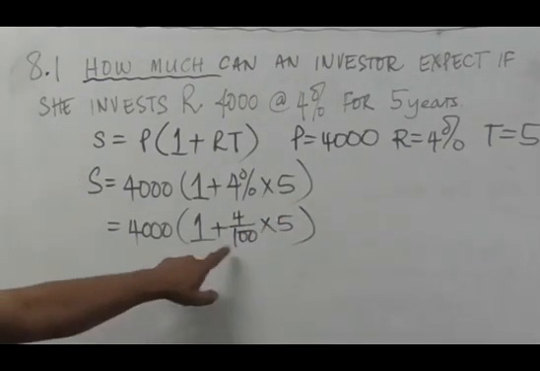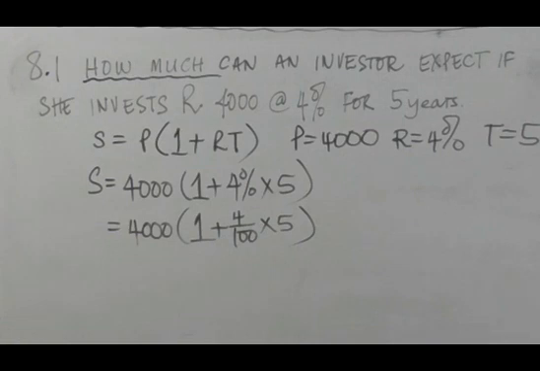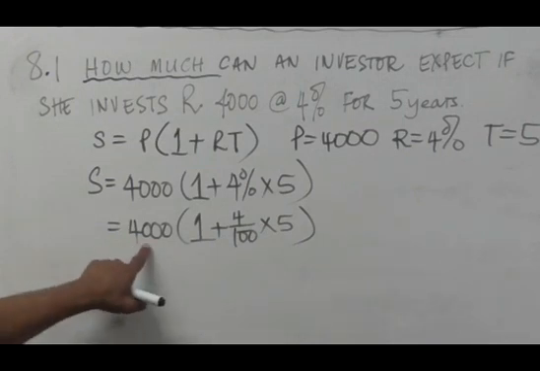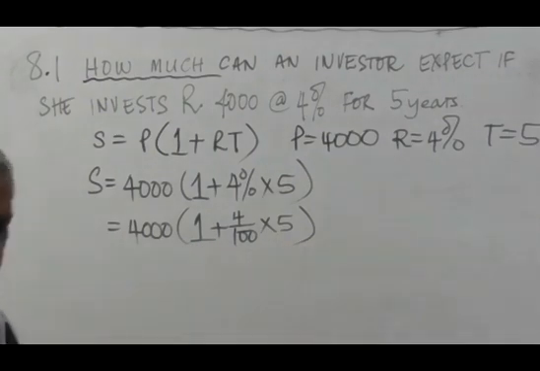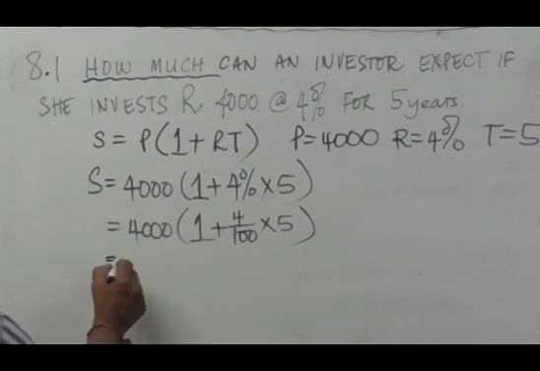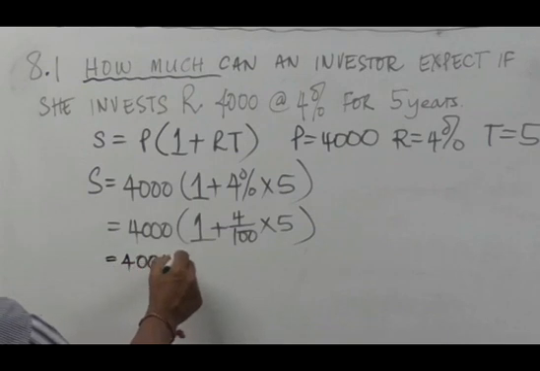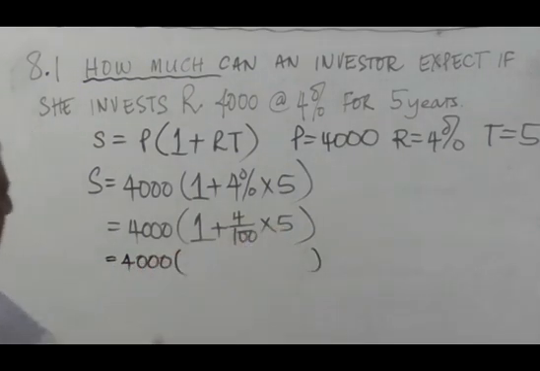Now these are all numbers, therefore we can put it in the calculator. In fact, you can put the whole thing in the calculator, right from here to there, exactly like that with the brackets. But I just want to do it step by step. So I'm going to leave the 4,000 here. I just want to do this part here.